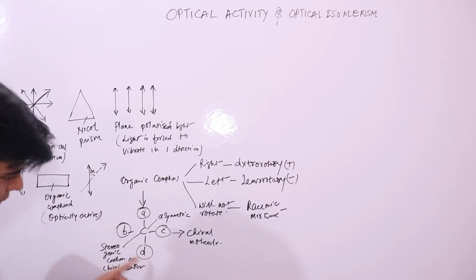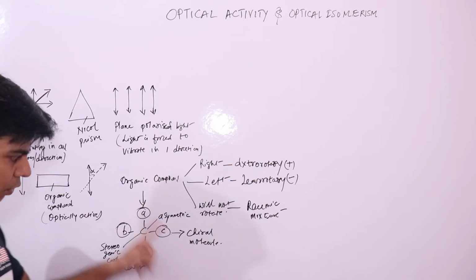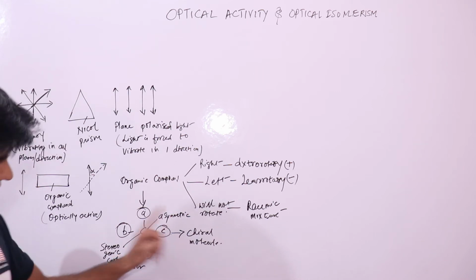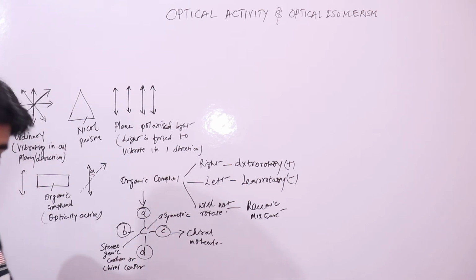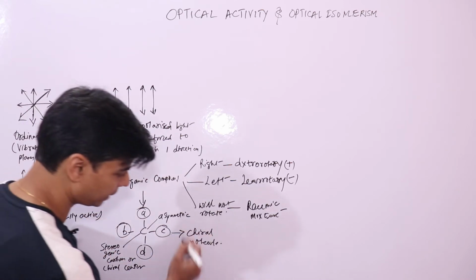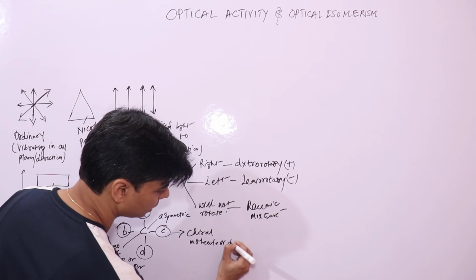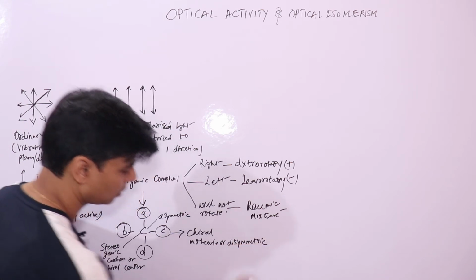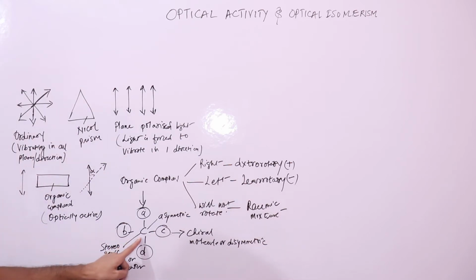And this type of molecule is called a chiral molecule, right? And this carbon is your asymmetric carbon that does not have any elements of symmetry. So this is your dissymmetric molecule. It is a chiral molecule or a dissymmetric molecule, right? And this carbon is known as stereogenic carbon or your chiral center, right?